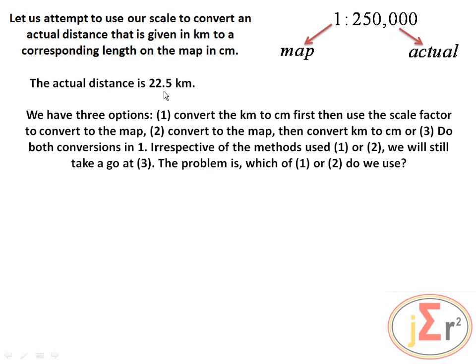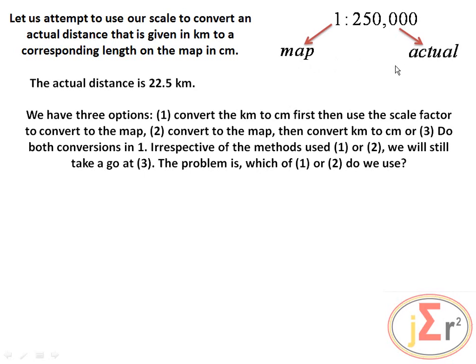So we convert to centimeters first, then use the scale of the map to convert the actual to the length on the map. So convert to centimeters and then tell what that will be on the map. The other option is convert to the map.